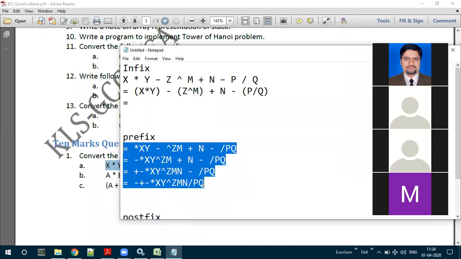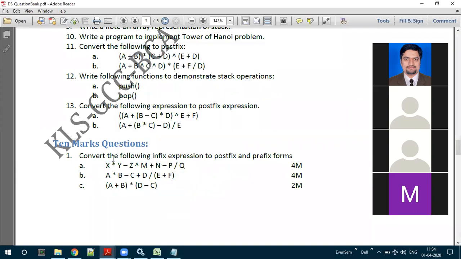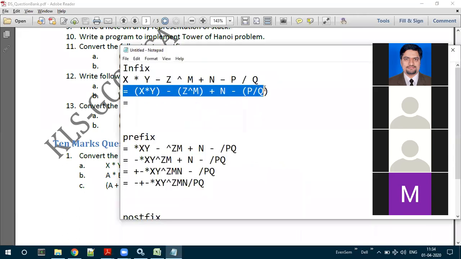Sir, infix only this one step. This is the infix format. Now the question is: convert the following infix expression to postfix and prefix. So you are asking about this step, infix.